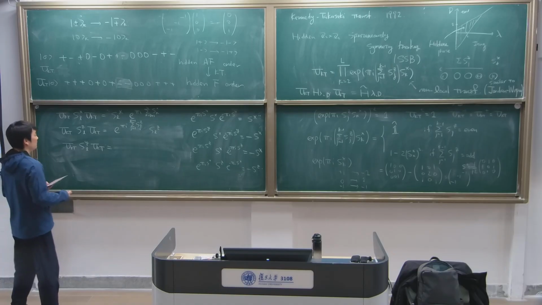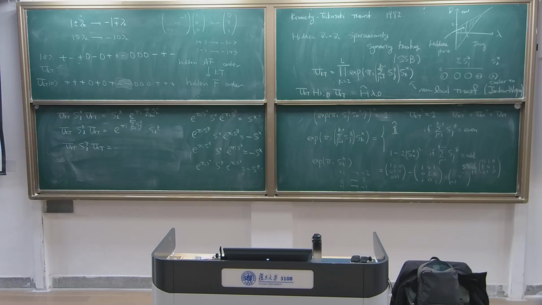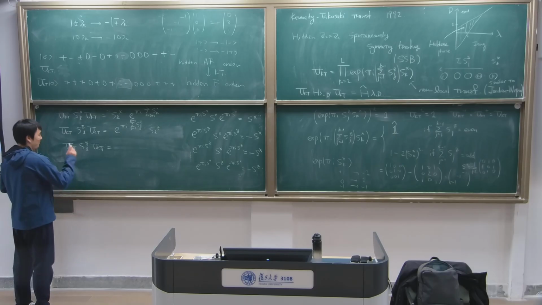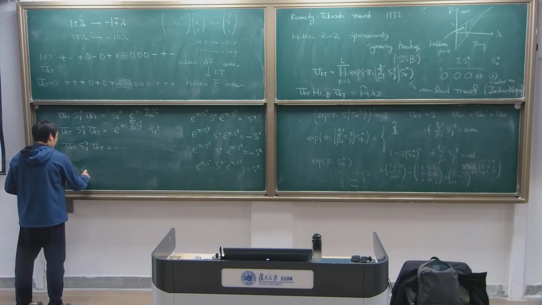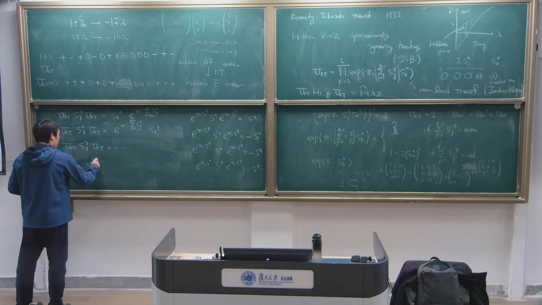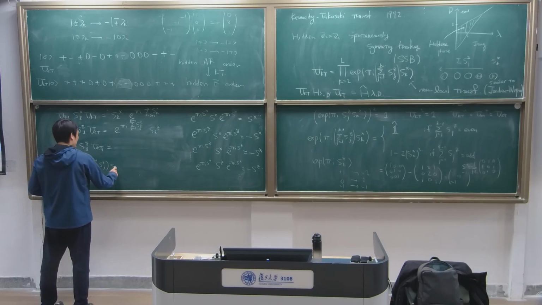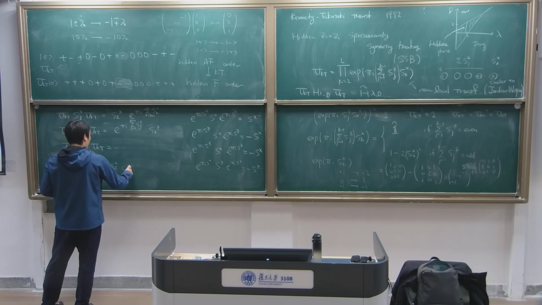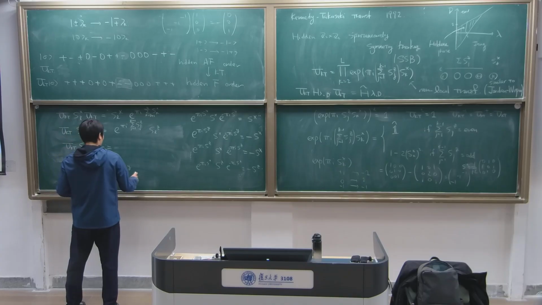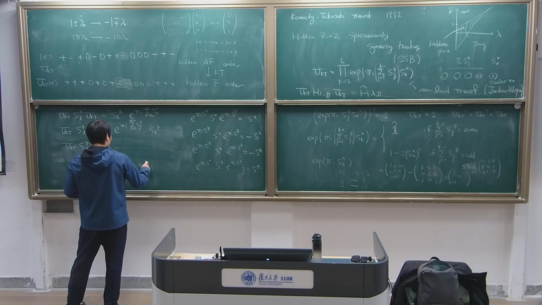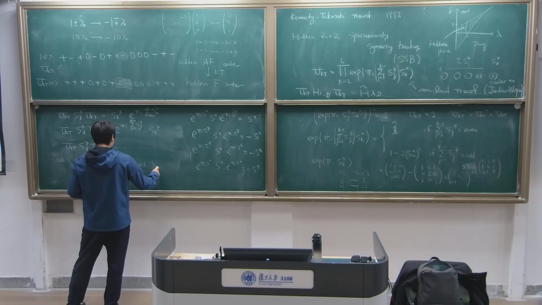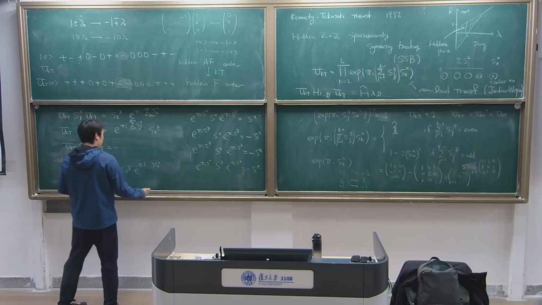Now, this one, can you guess what's going to happen? The first relevant part here is e to the pi I, sum over j equal to 1 to L minus 1 is dj, and then SL x, and then SLY, e to the pi I, the sum of this one, and then SLM.